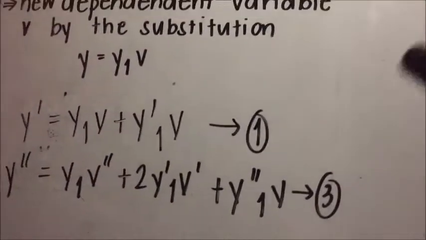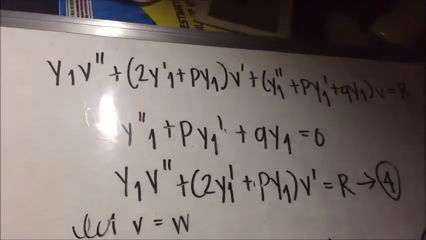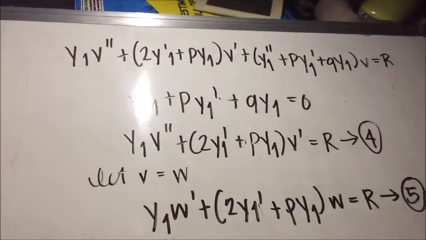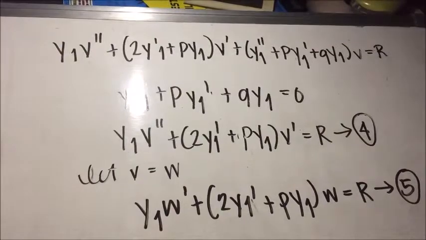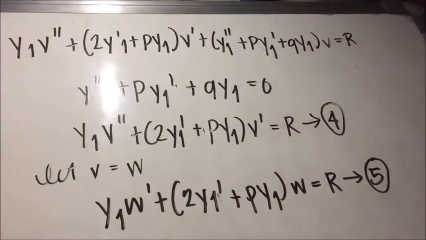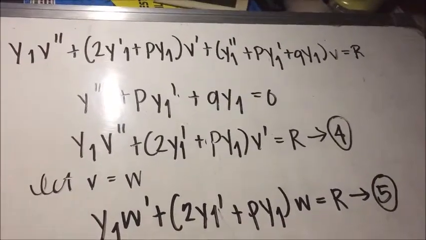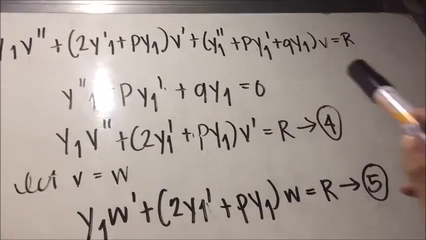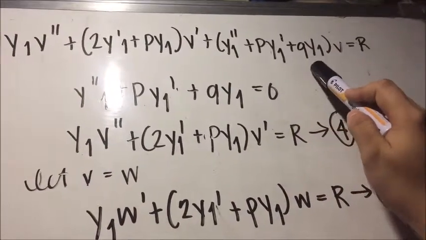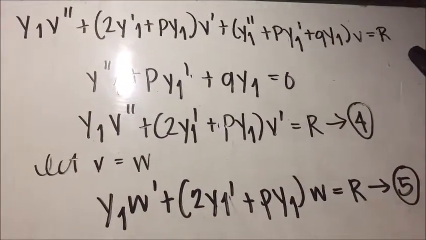Substitution of 3 into 1 yields y1 v double prime plus (2 y1 prime plus p y1) v prime plus (y1 double prime plus p y1 prime plus q y1) v is equal to r.